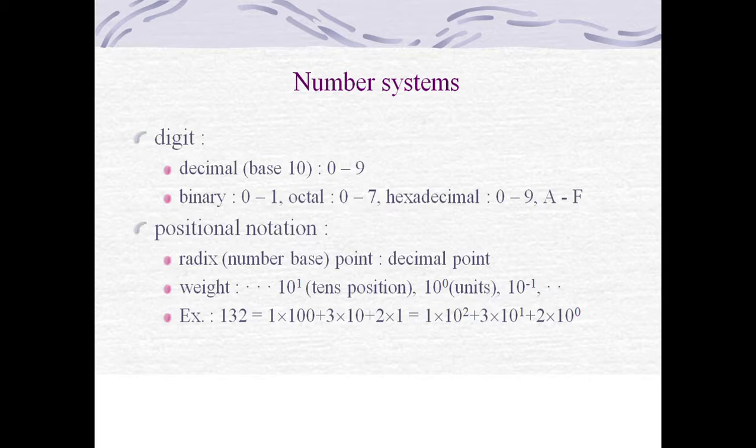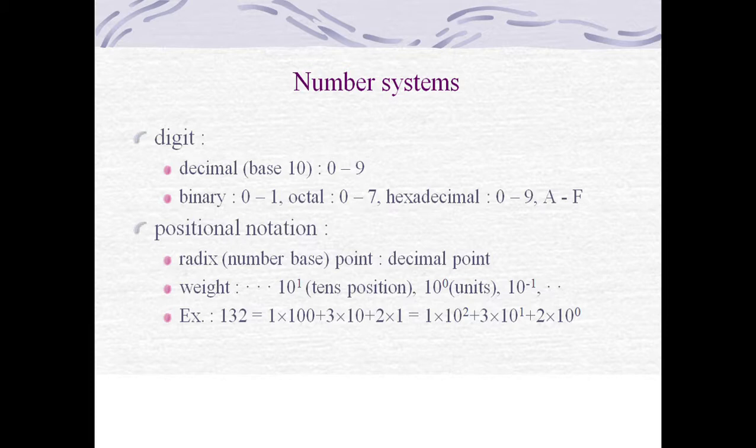And there are weights for each digit in a particular number system. The weight for a particular digit depends on the position of the digit. So for floating point numbers, there is a decimal point, and on the right side there is the fraction part, and on the left side of the decimal point is the whole part or the integer part.